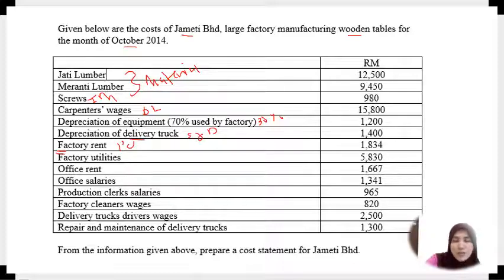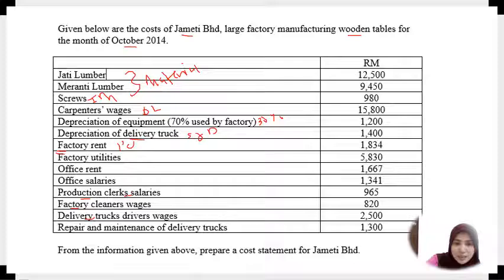Office rent is an administrative overhead. Office salary is administrative overhead. Production clerk salary is a production overhead. Factory cleaner wages are under production overhead. Delivery truck driver wages are a selling and distribution overhead. Repair and maintenance for the delivery truck is a selling and distribution overhead.